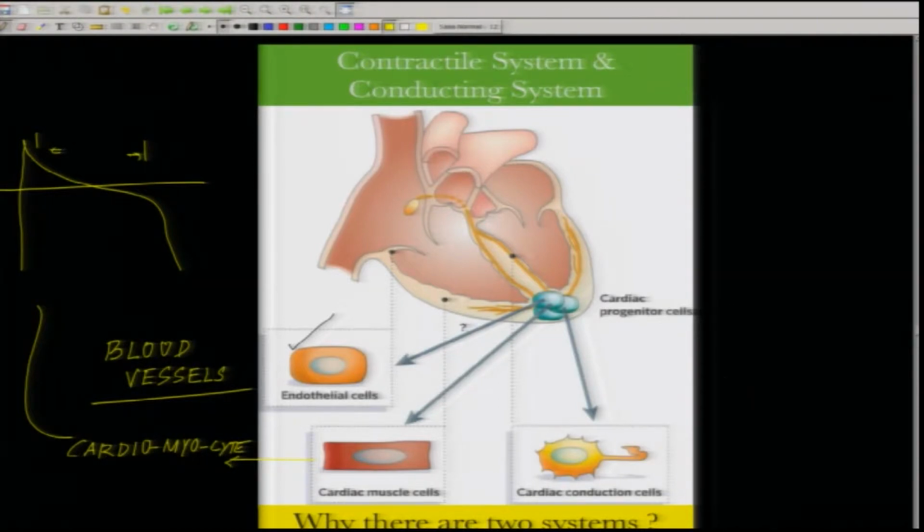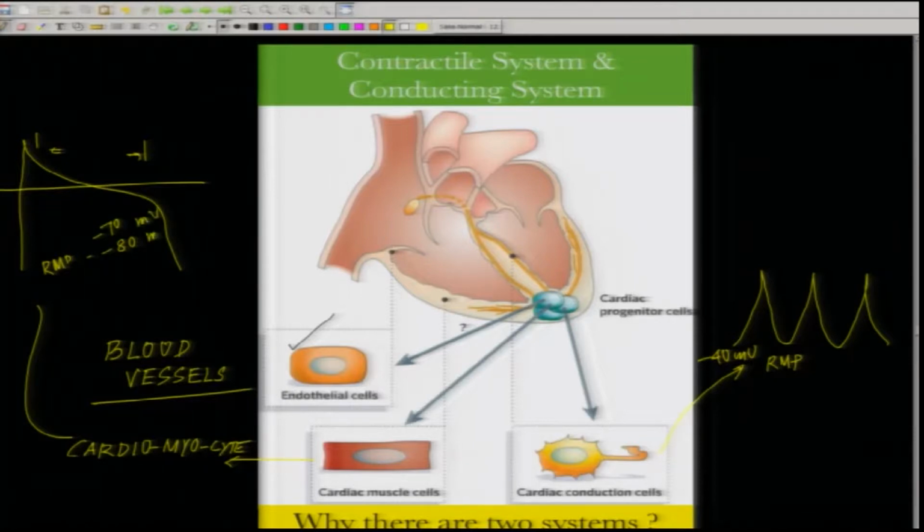You have conduction cells which are spontaneously active and sitting at a resting membrane potential of minus 40 millivolts, whereas the cardiomyocytes are sitting at a resting membrane potential of minus 70 to minus 80 millivolts.